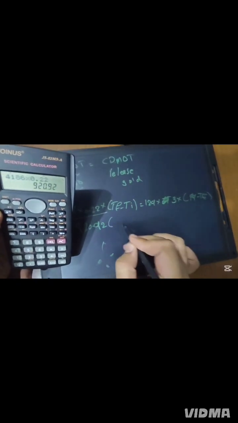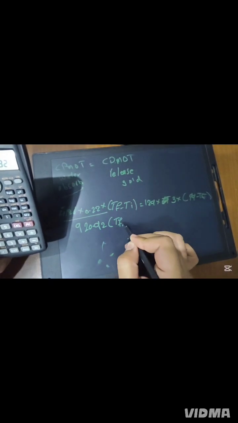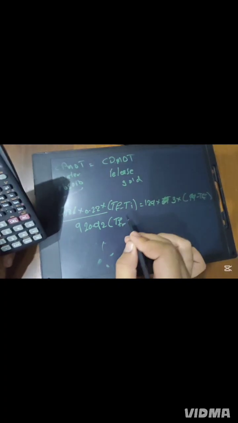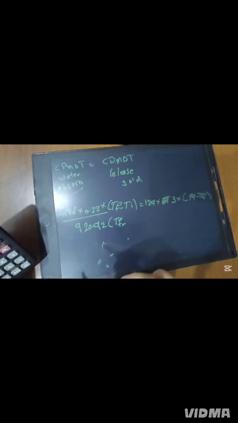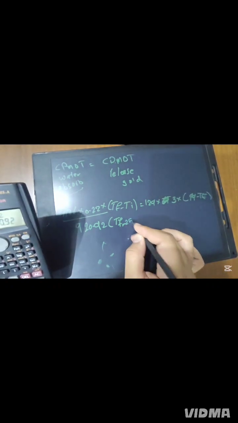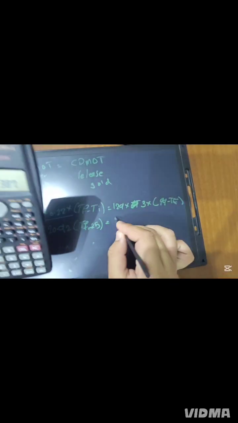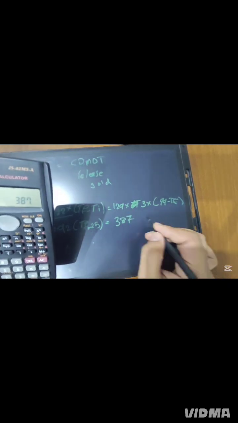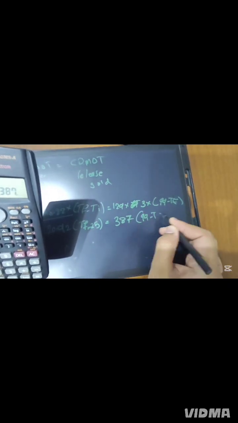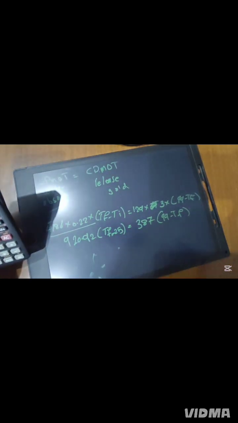And copy the bracket again: Tf and the first temperature of the water, I forgot, it was 25. Good. Equal. And 129 times 3, the answer is 387. And copy the bracket again: 99 minus Tf.